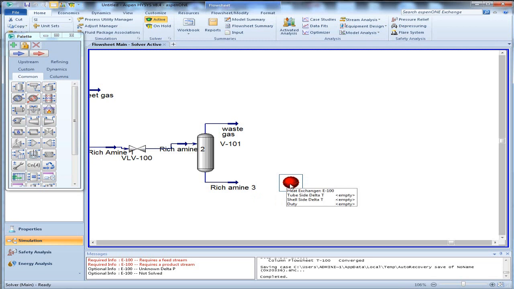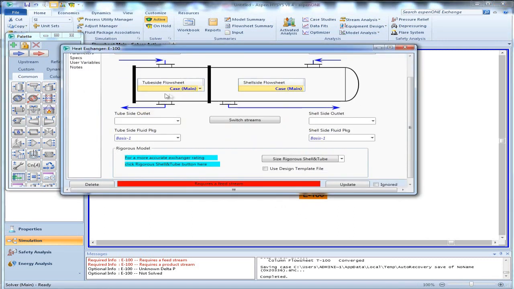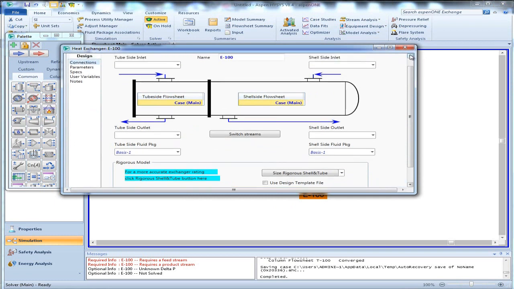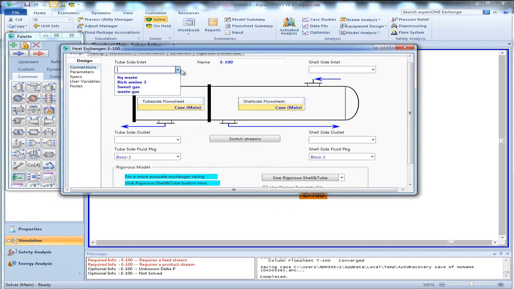So we rather put it in the tube, while the lean amine, which is ready for the recycle, will be passed into the shell. So just make that. And this is lean recycle 1.